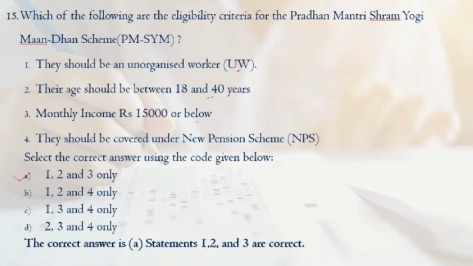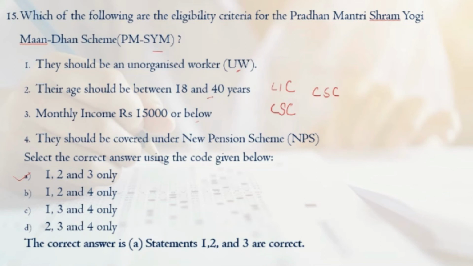Statements first, second, and third are correct. The Government of India has introduced a pension scheme, namely PMSYM, for unorganized workers. PMSYM is a central sector scheme administered by the Ministry of Labour and Employment, implemented through the Life Insurance Corporation of India, LIC, and CSC.